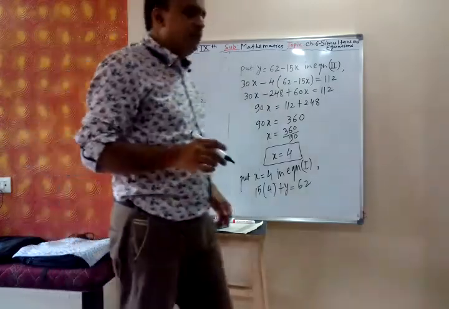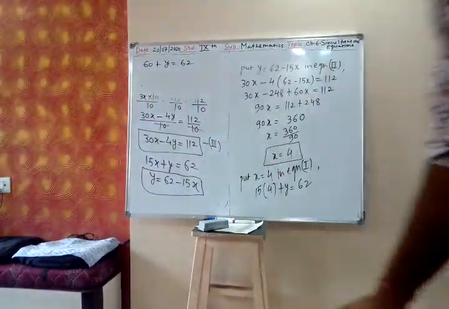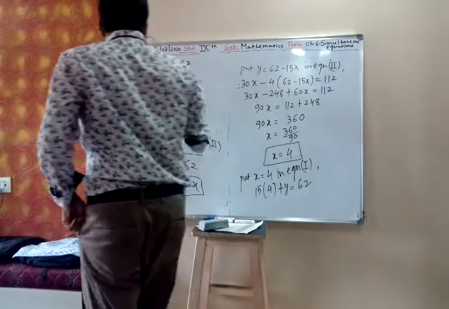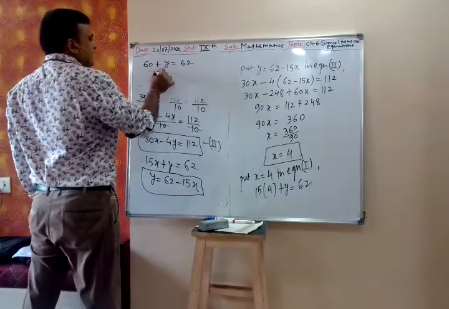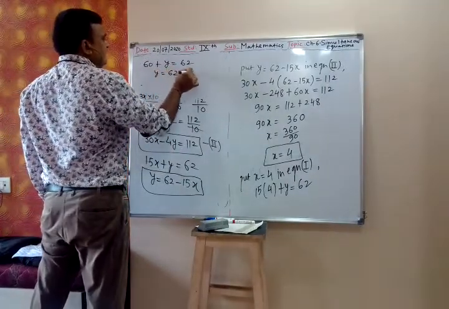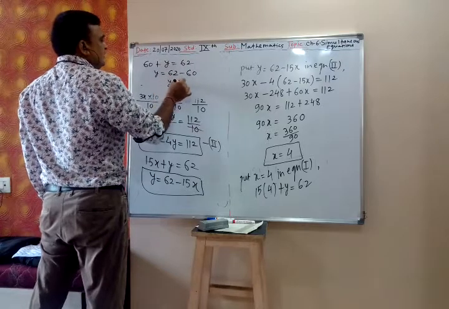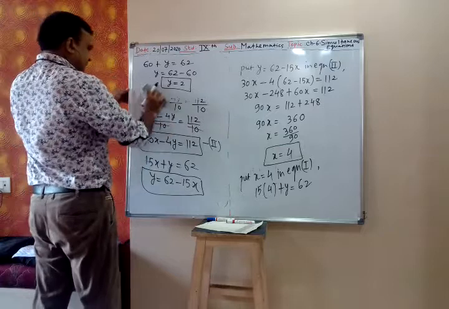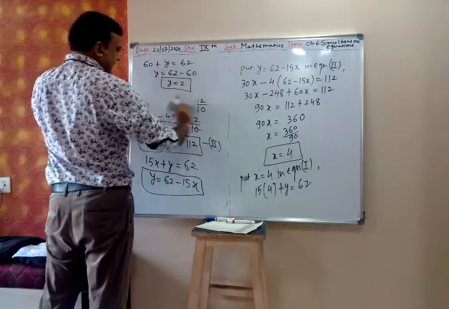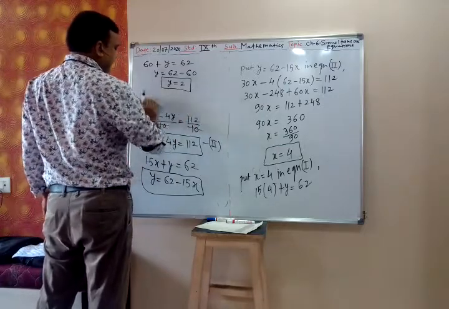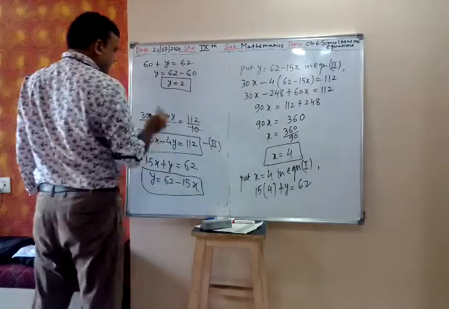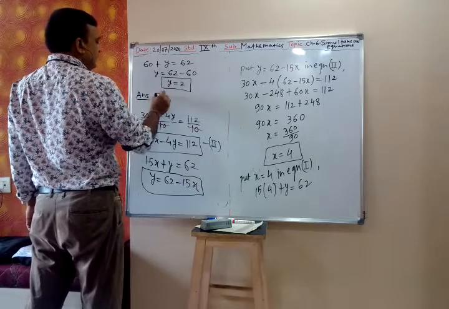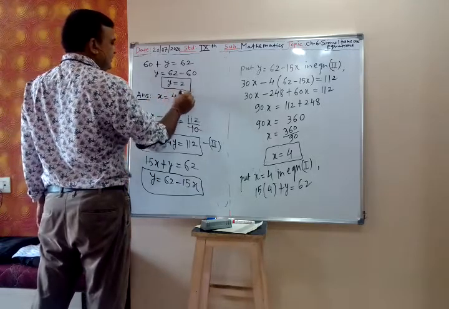So y is 62 minus 60. So y is 2. So answer is x is 4 and y is 2. This is done.